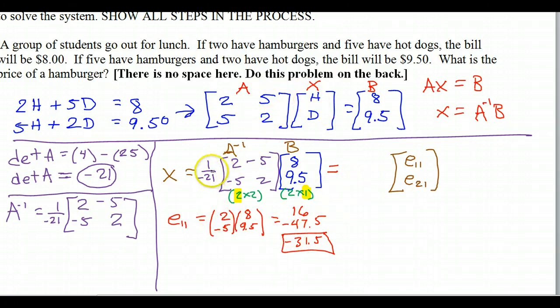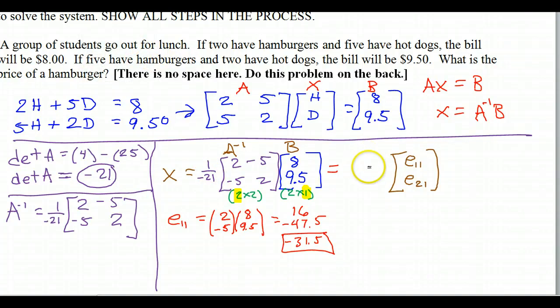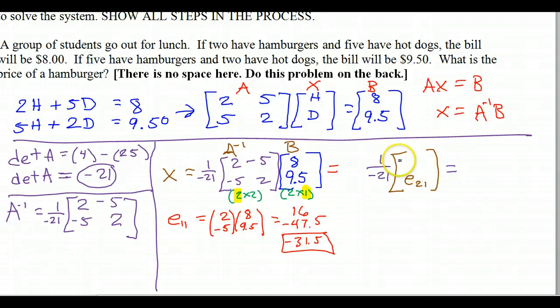But I was forgetting for a moment about the dividing by negative 21 part. So please, that is still there: 1 over negative 21. It will not be the final answer until after I divide everything by negative 21. Anyway, so far I have found element 1,1, which is negative 31.5.